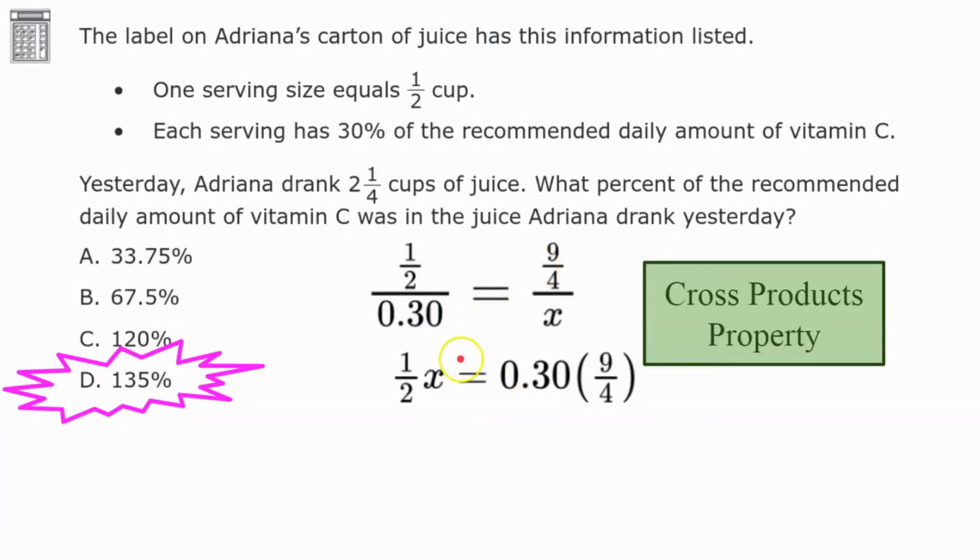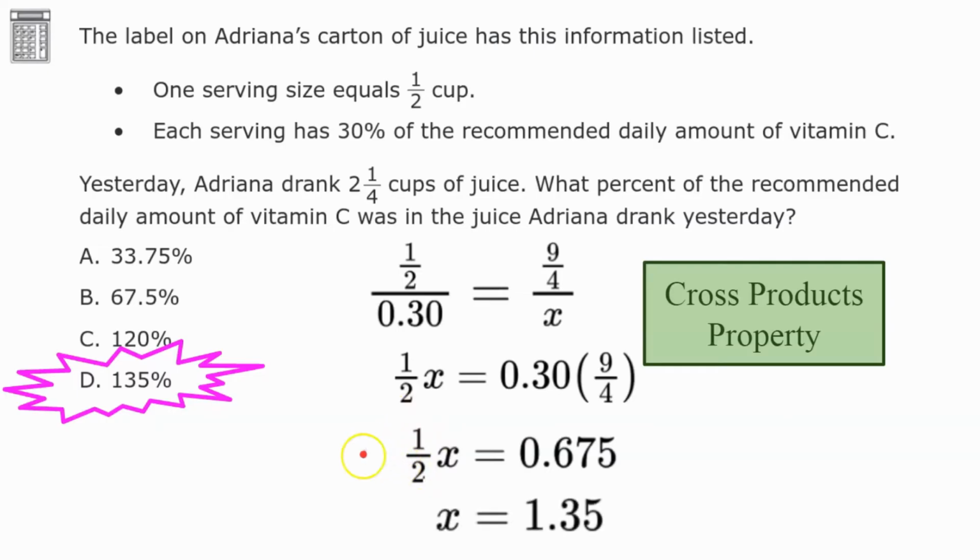Big numbers, but you have a calculator. In my calculator, what I would do is 9 divided by 4, multiplied by 0.3, and you get 1/2 x equals 0.675. Now, instead of dividing by a fraction, I'm going to multiply by the reciprocal.